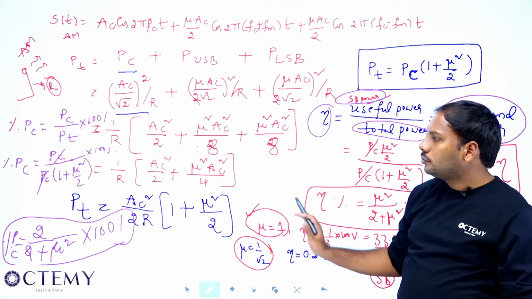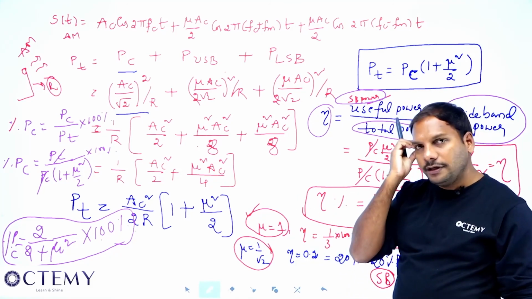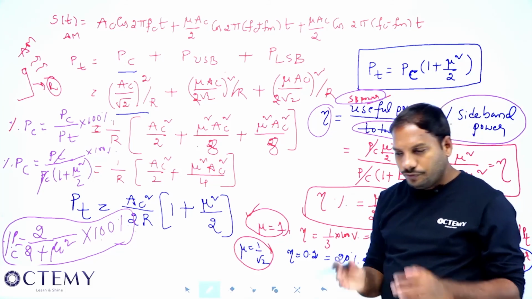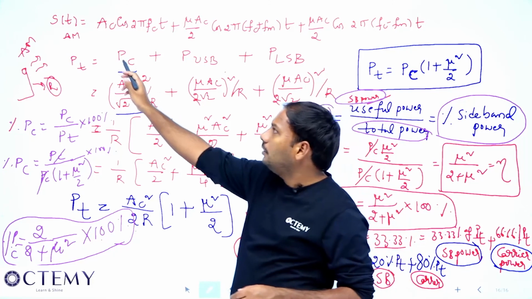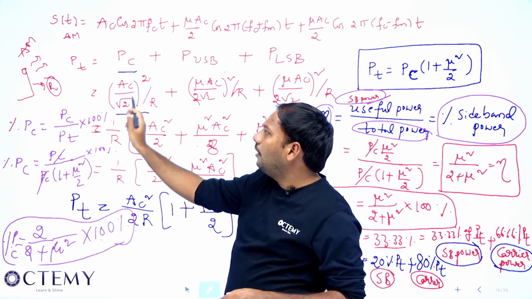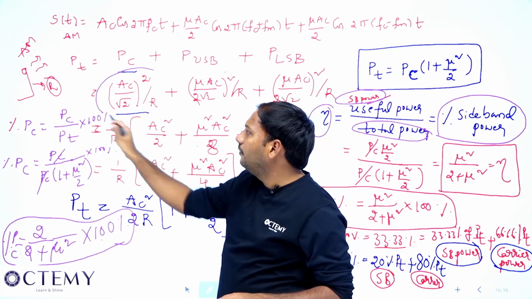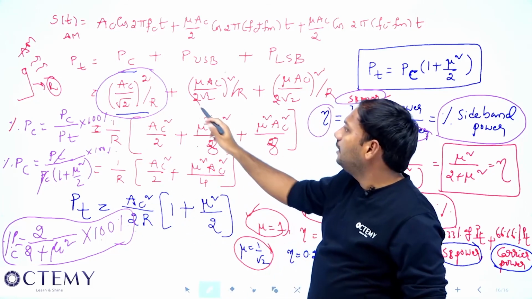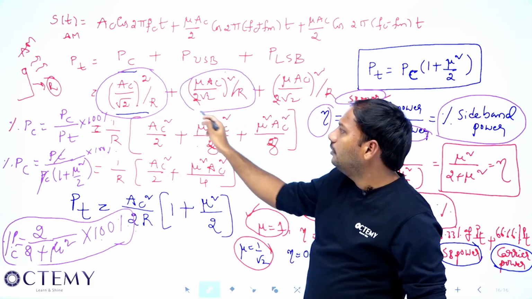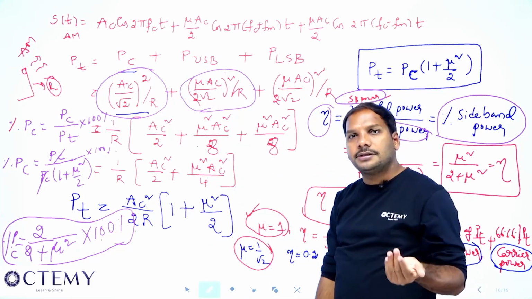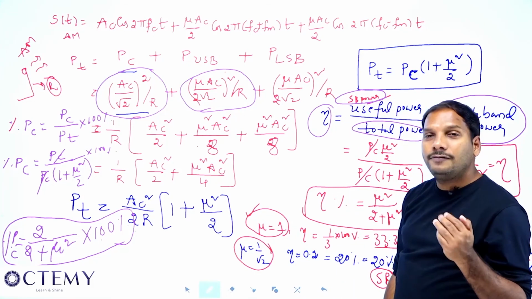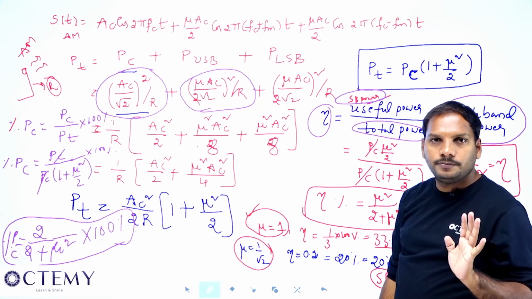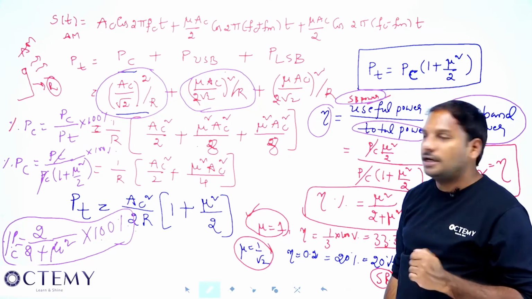So hope you understood the power analysis of the AM signal now. Which band constitutes which amount of power? The carrier component will have this amount of power, understand very clearly, and the upper sideband will have this amount of power. Sometimes in GATE separately they will ask what is the power of the upper sideband component, or they will ask the power of the lower sideband component.